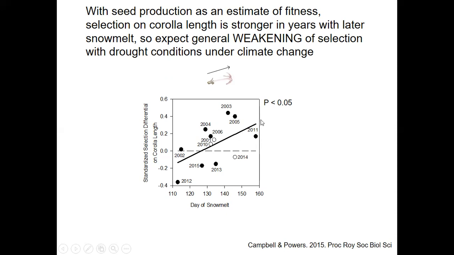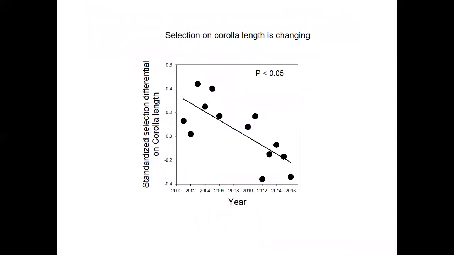In years with later snowmelt, wetter conditions, the selection is stronger. And because snowmelt is generally getting earlier over time with climate change, we expect a general weakening of selection with those new conditions. And in fact, that's what we see.